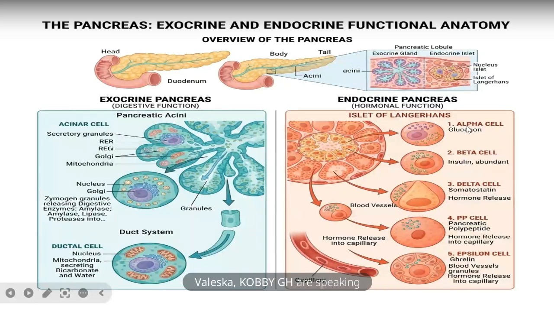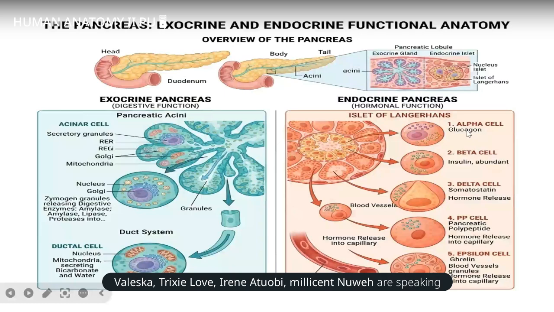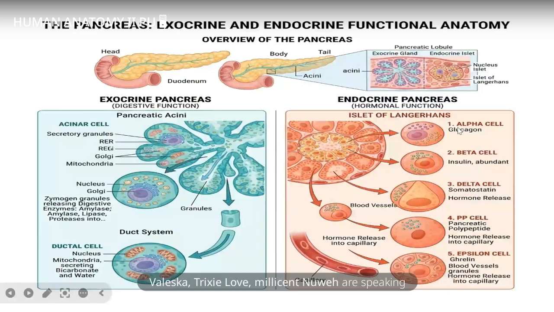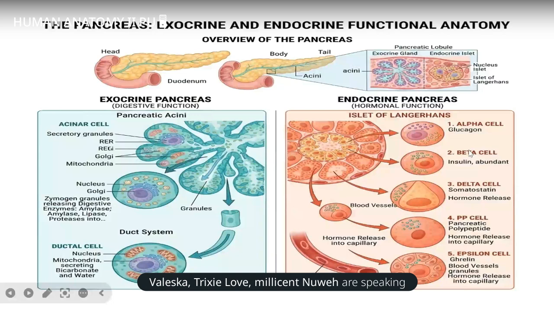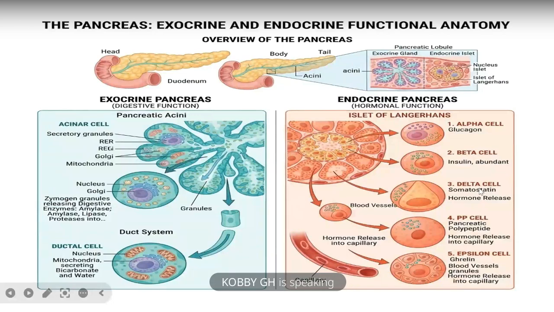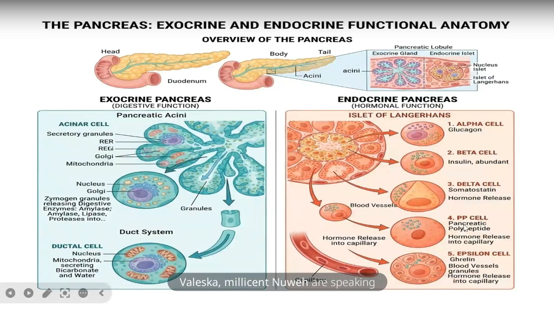Alpha cells in the endocrine pancreas produce glucagon. Beta cells produce insulin. Delta cells produce somatostatin.